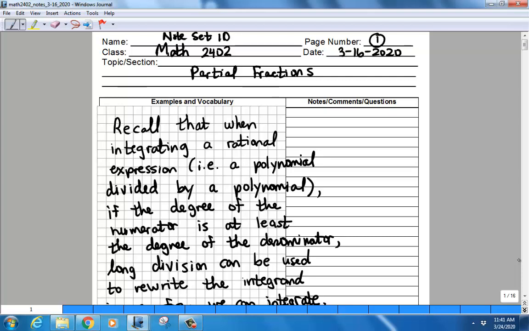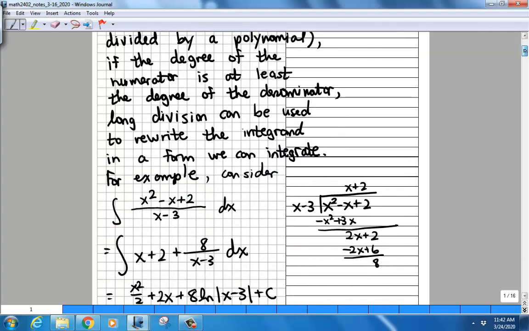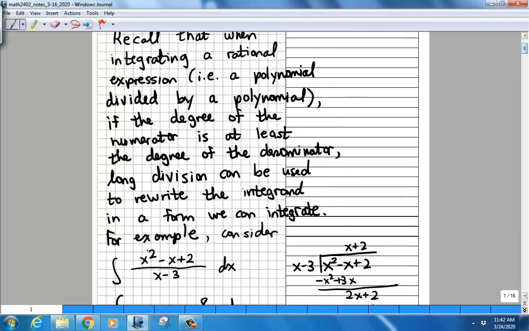So for our next integration technique, we're going to learn a technique called partial fractions, and you'll see where the name of the technique comes from once we get into an example. Partial fractions is going to apply when we're trying to find the antiderivative of a rational expression. So here's an example of a rational expression.